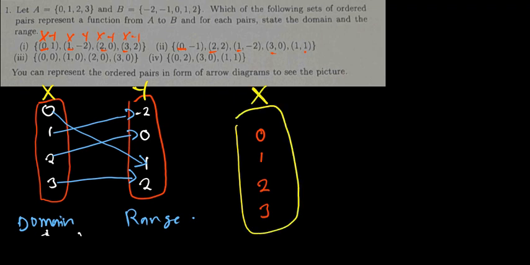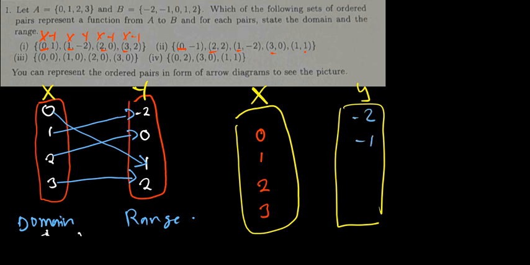This is x, then y. What do we have in y? In y we have negative what? Negative 2, negative 1, what else? 0, then 2.